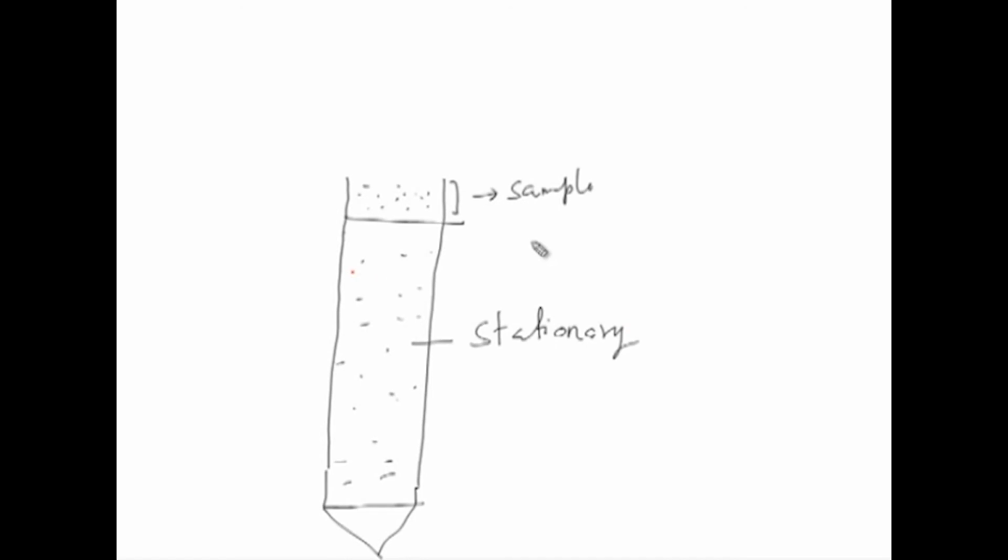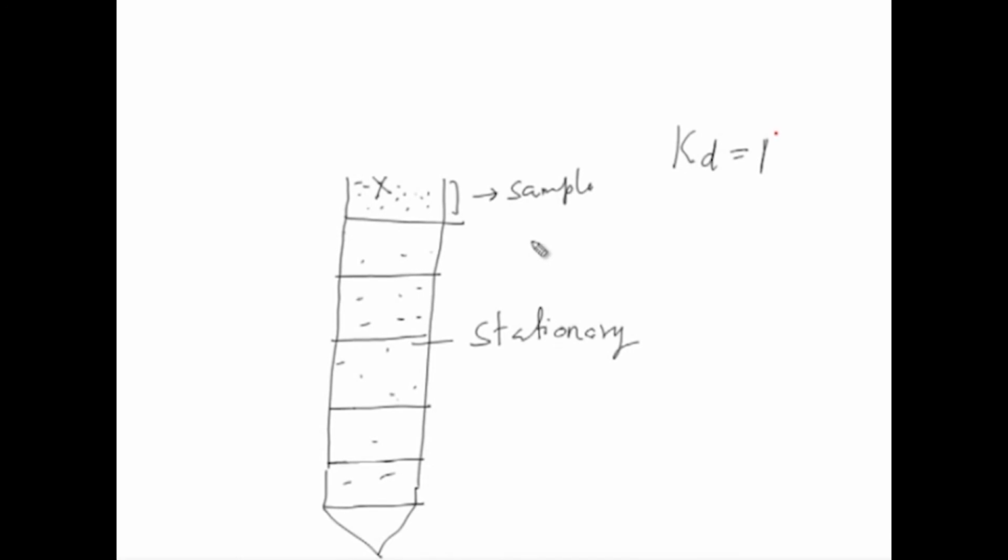Now if I could divide this column into different separate zones here, just to depict, this is just to understand the whole thing. Now say a sample is present in X quantity here, alright, and just for assumption, the distribution coefficient, that is your KD value, is 1, that is it separates equally in mobile and stationary phase.